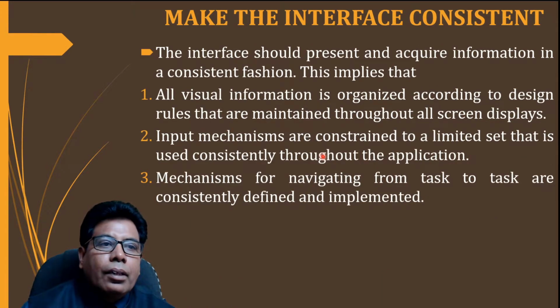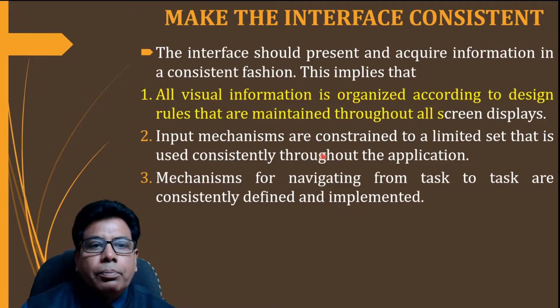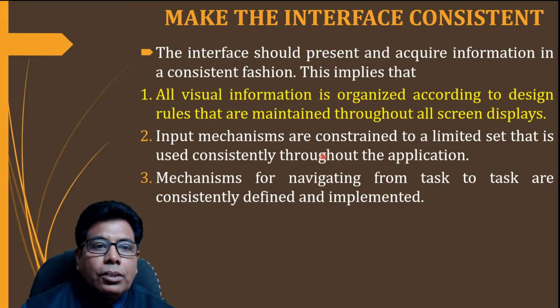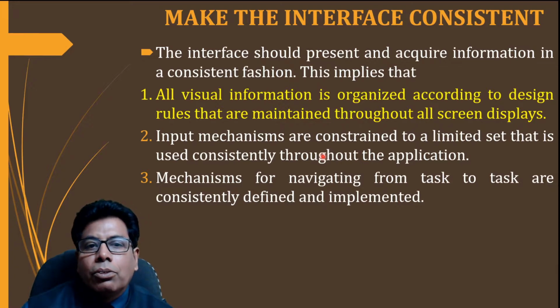Then the next thing is make the interface consistent. That is the third rule. The interface should present and acquire information in a consistent fashion. So all visual information is organized according to the design rules that are maintained throughout all screen displays.